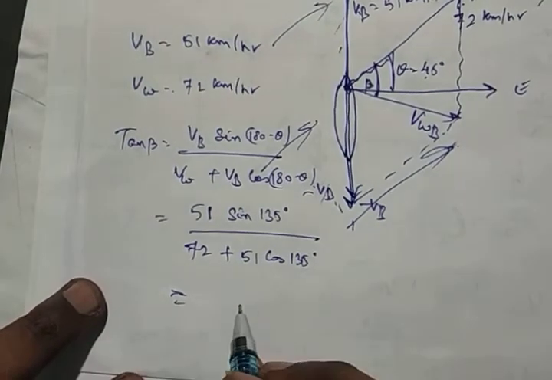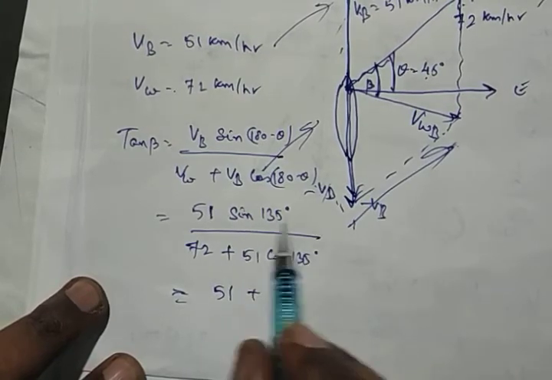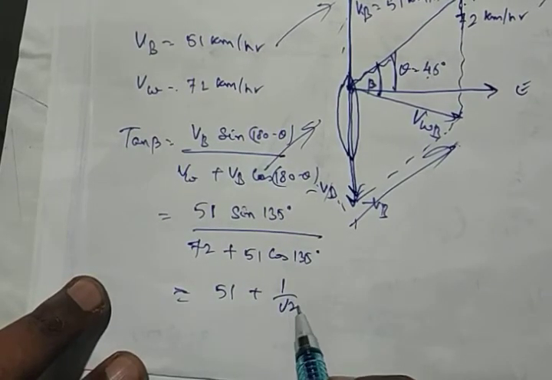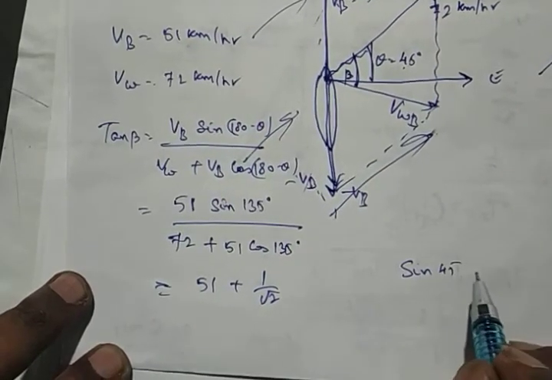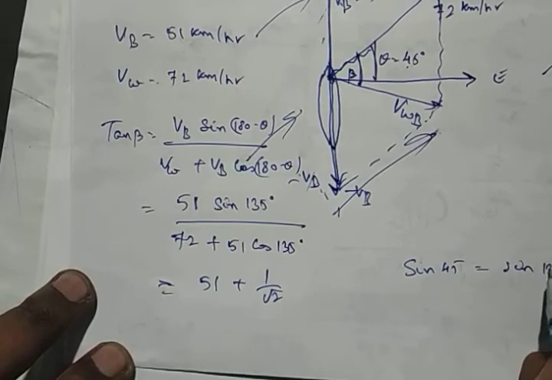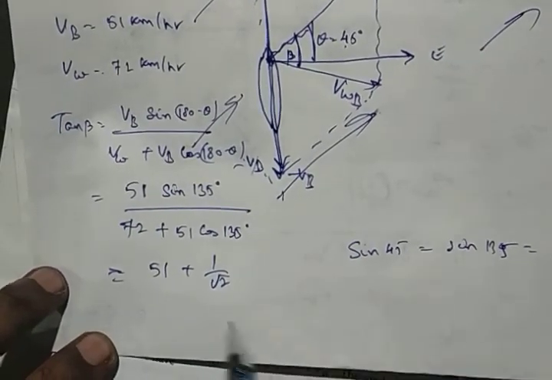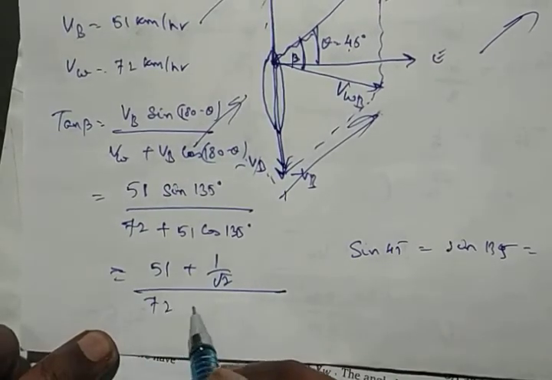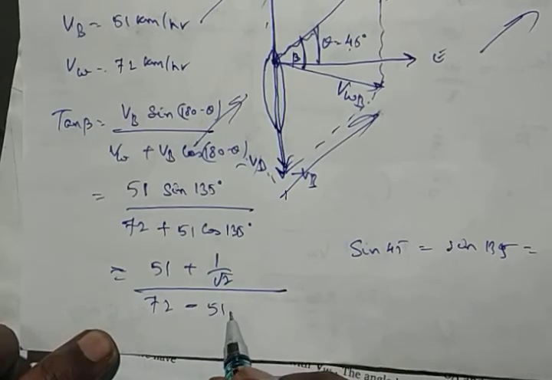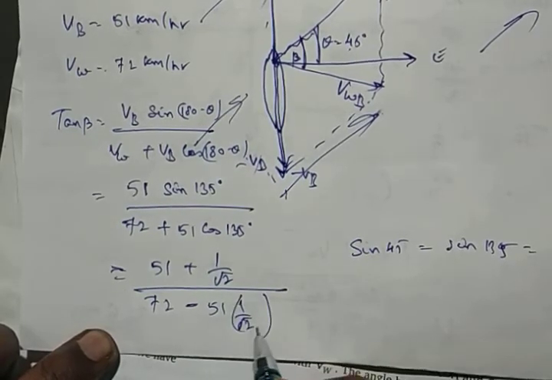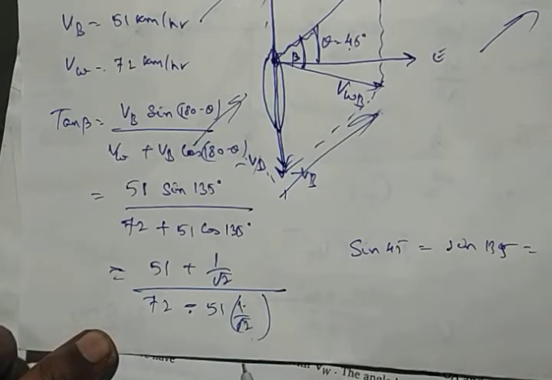Sine 135 is exactly the same as sine 45, which is 1 by root 2, divided by 72. Here cos 135 will give a minus value, so 51 times minus 1 by root 2.